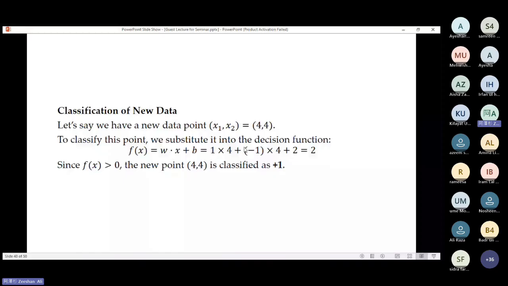Similarly, w2 is -1, this is -1, and we have x2 plus b, so the value is 2. It means that f of x is greater than 0. The new point is classified as plus. It means that 4, 4 is part of class 1, which lies outside of class 1, beyond the positive hyperplane.